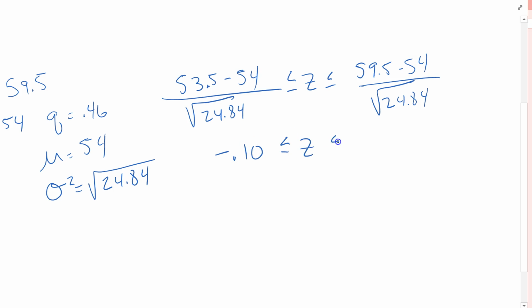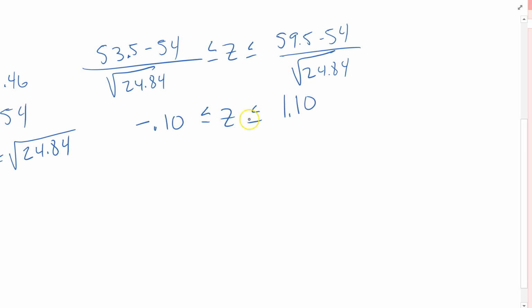If I do the same with 59.5 minus 54 divided by the square root of 24.84, that gives me 1.10.